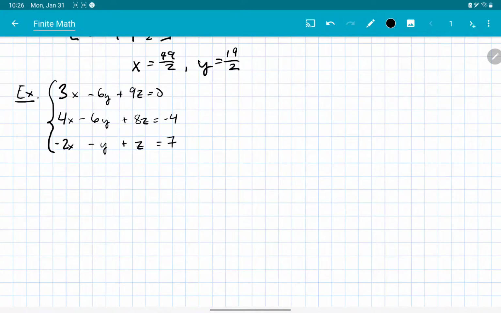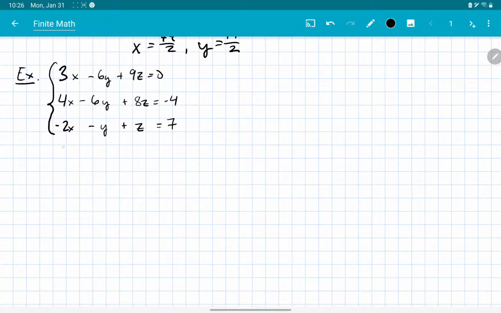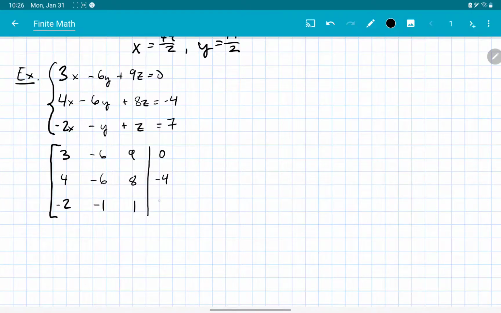So our first step is to transform this into a matrix again. So it's going to be 3, negative 6, 9, 0, 4, negative 6, 8, negative 4, negative 2, negative 1, 1, 7. That's the matrix we get from this system of equations.